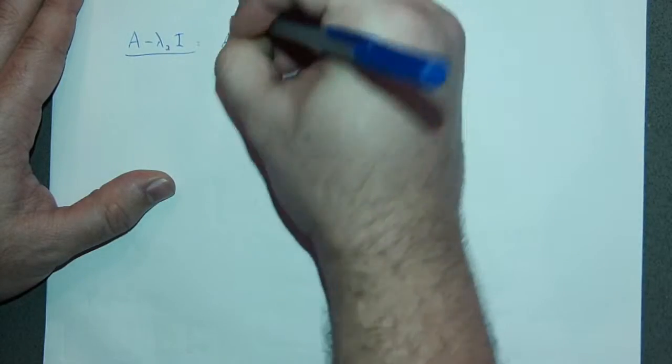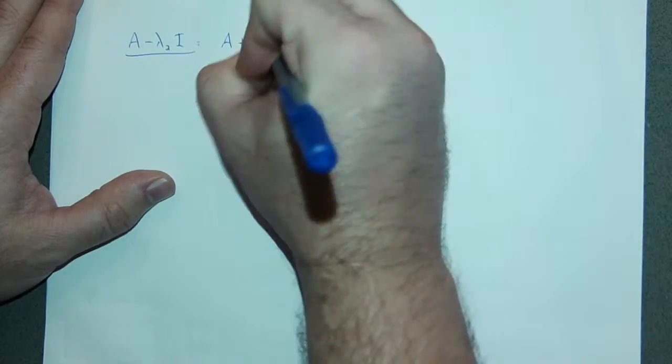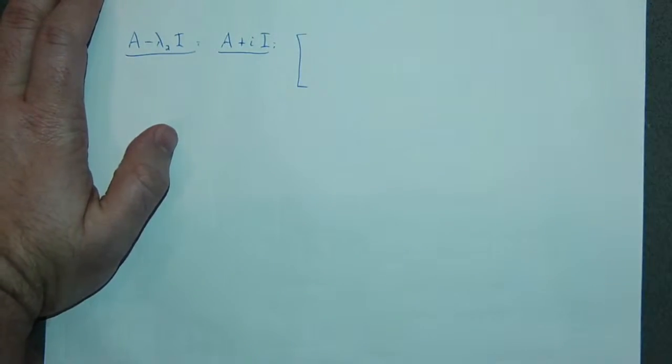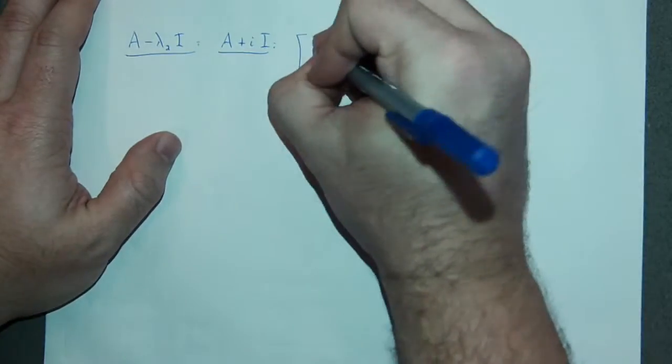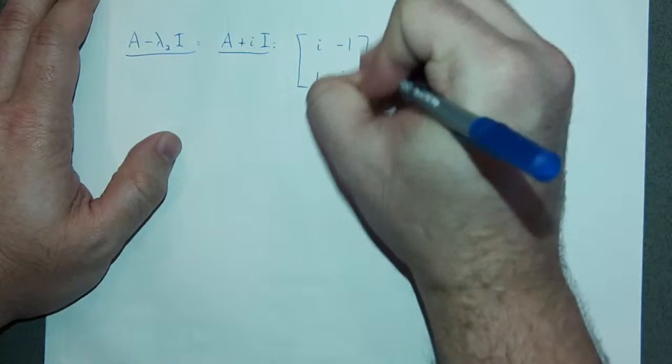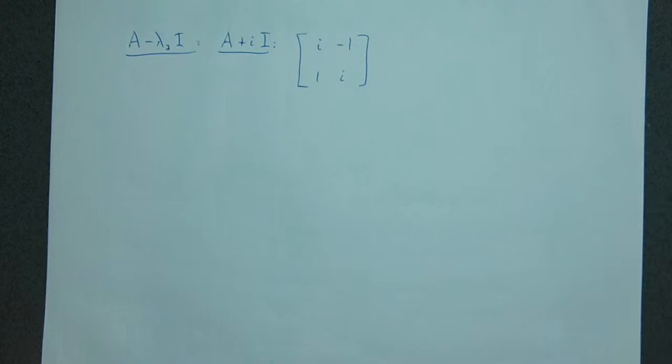So let's look at A minus lambda 2 I. So that would be A plus little I times I. That's what I'm looking at. So the matrix I get in question is I, minus 1, 1, I. Okay.